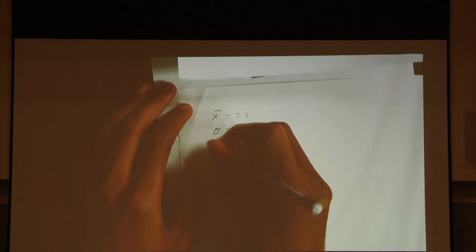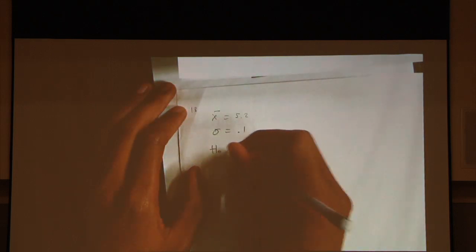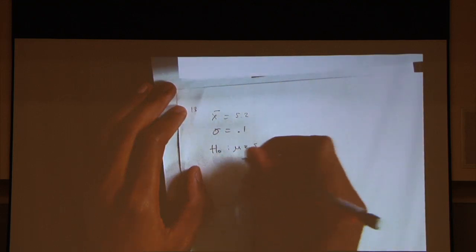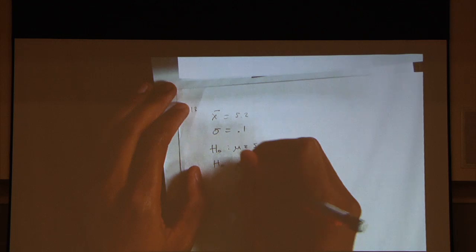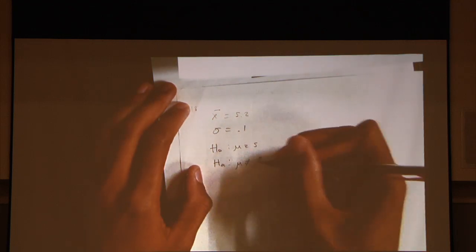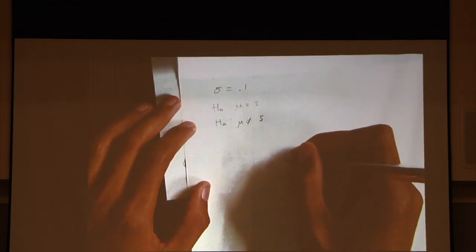The mean is 5.2, the standard deviation is 0.1. H naught: mu is 5. H A: mu isn't 5. Right?